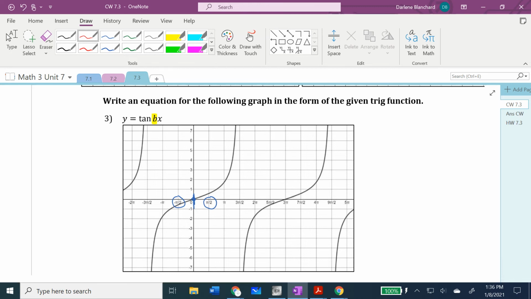But right now my asymptotes are here at 3 pi over 2 and negative 3 pi over 2. So one way you can think of it is, what do I have to do to pi over 2? What do I multiply it by to go from pi over 2 to 3 pi over 2?